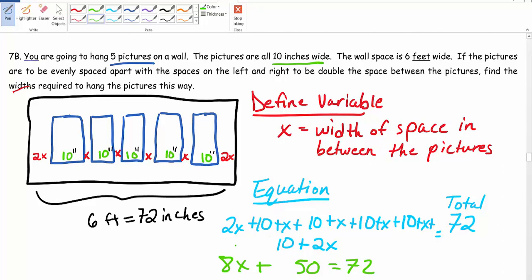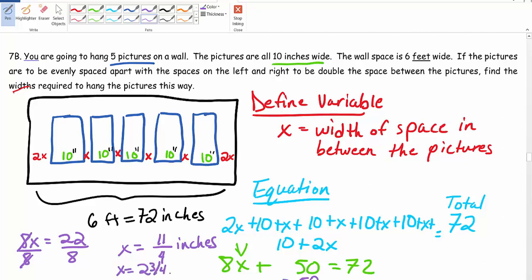All right, now all we have to do is solve for x. We can subtract 50 from both sides. When we do that, we end up with 8x equals 22. And then lastly, divide both sides by 8. So x comes out to be equal to, we can divide the top and bottom both by 2, giving us 11 over 4 inches, or pretty much close to 2 and 3/4 inches.